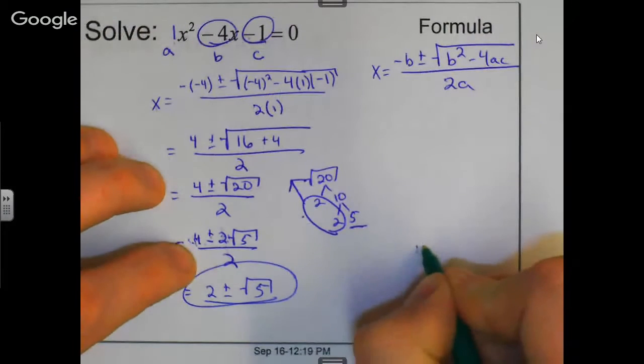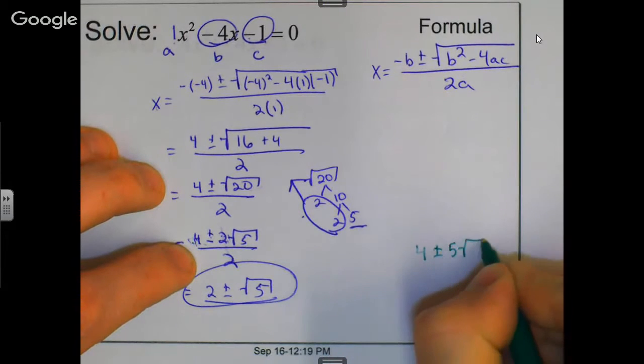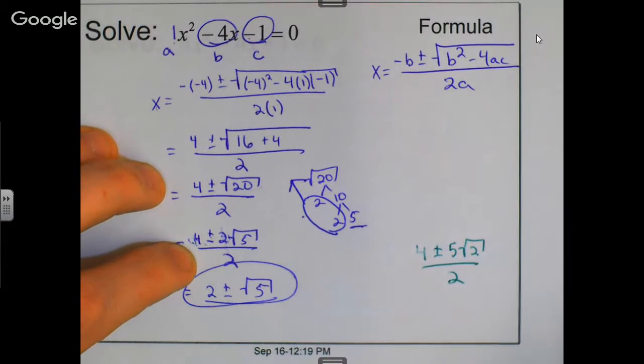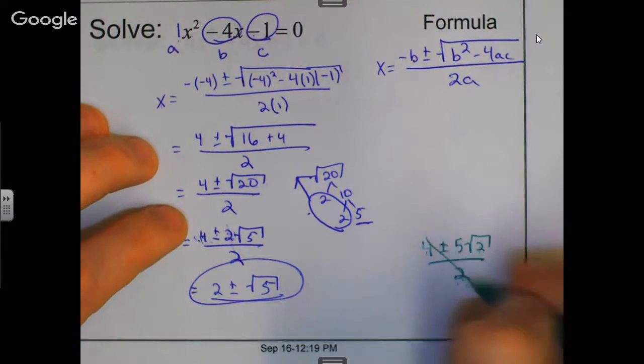If I have 4 plus or minus 5 radical 2 over 2, I cannot cancel these 2. I have to do all 3 of them. But this cannot cancel because it is under the radical and none of these are. So I have to leave it alone.